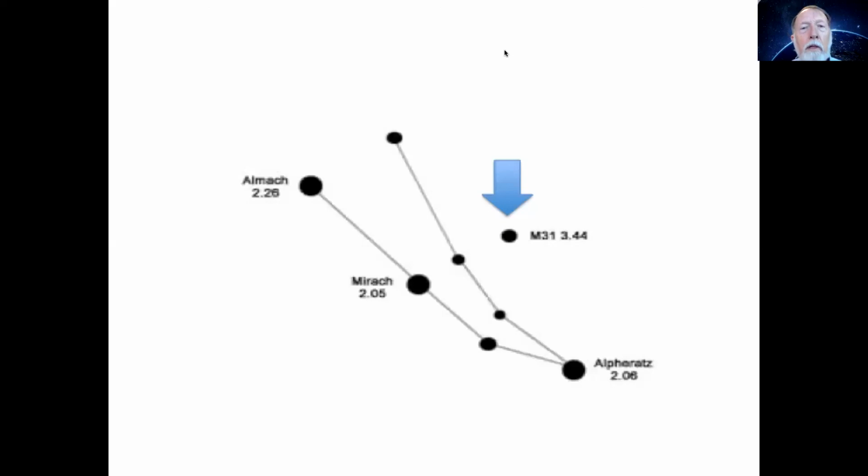That object, a little fainter than the stars, is not a star. It is the Andromeda Galaxy. And in a moderately dark location, you can see that spot with your naked eye, although it's 2.5 million light years away.